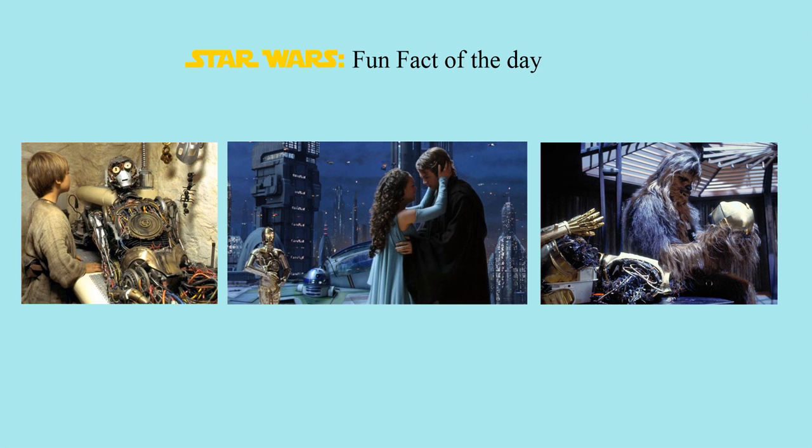And that brings us to the Star Wars fun fact of the day. In Star Wars Episode 1, Anakin Skywalker obviously created C-3PO. In Episode 2, he got a silver shell, and in Episode 3, he got a golden shell. So obviously, Anakin Skywalker knew what the golden C-3PO looked like.